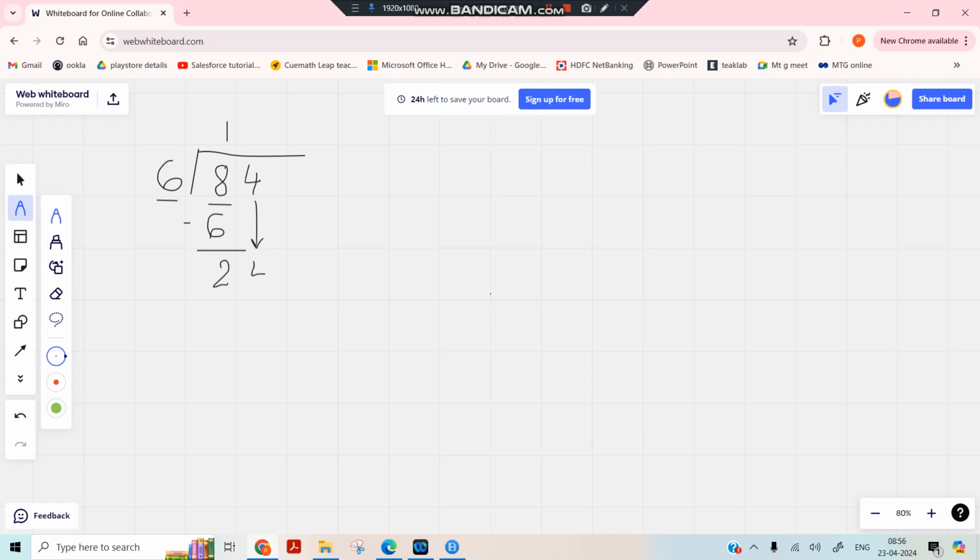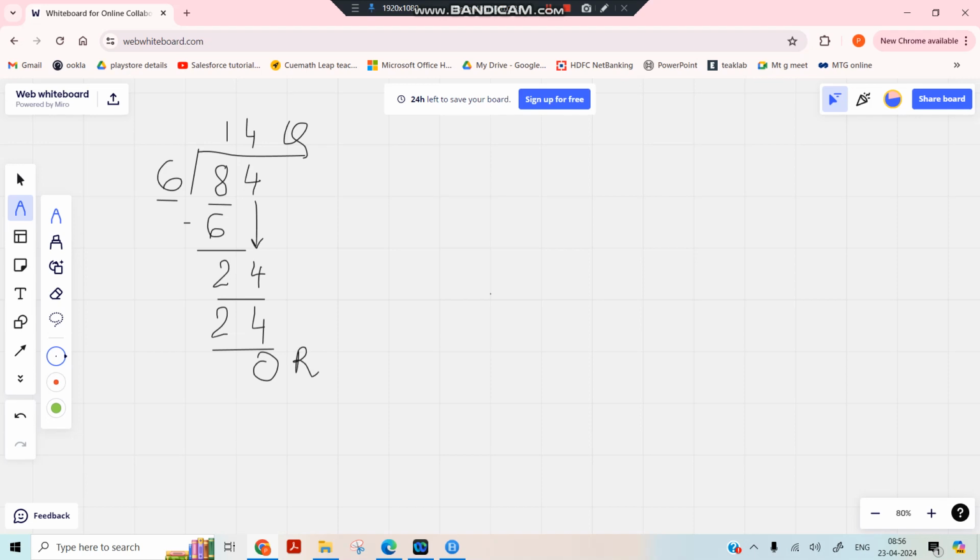My next number is 24, and in 6's table 6 times 4 is 24. So I put a 4 here and a 24 here, and my remainder is 0, and this is my quotient, this is my remainder. This one seems easy.